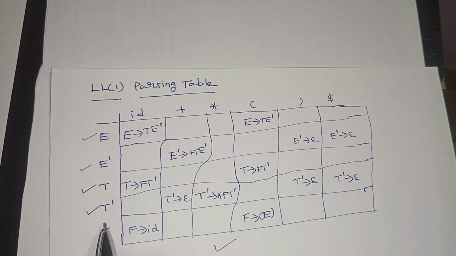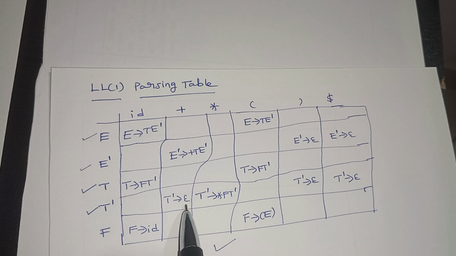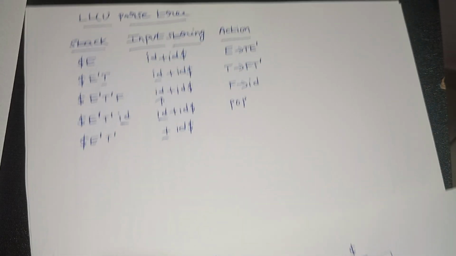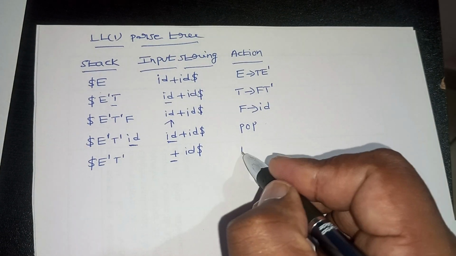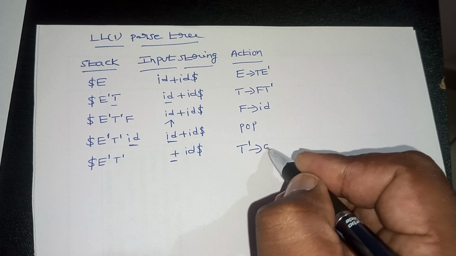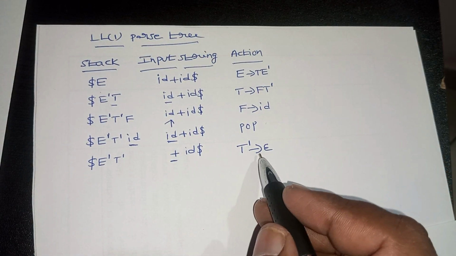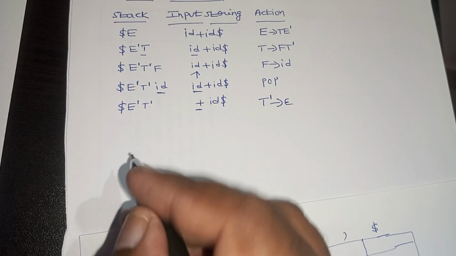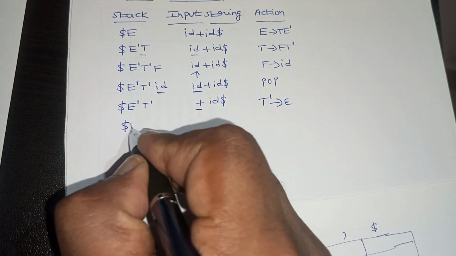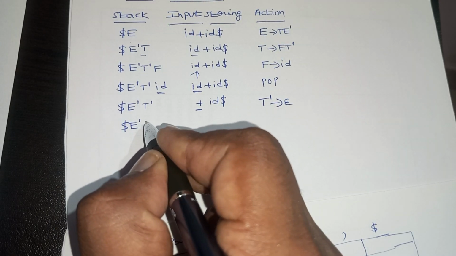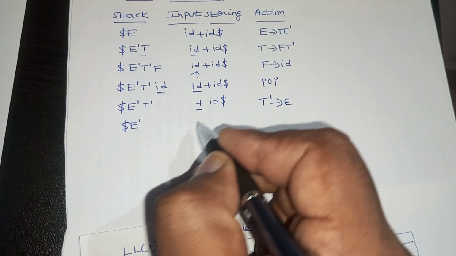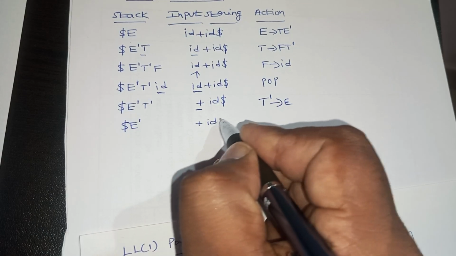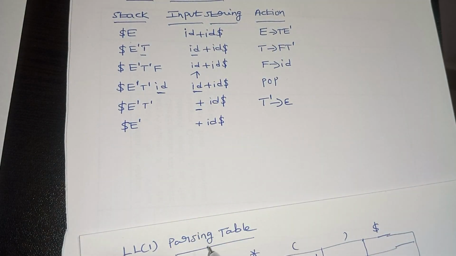What is t dash and plus? It is epsilon. So epsilon, t dash tends to epsilon. So in the place of t dash you write epsilon. Then dollar e dash, when you write epsilon it is going to vanish, so plus id dollar.